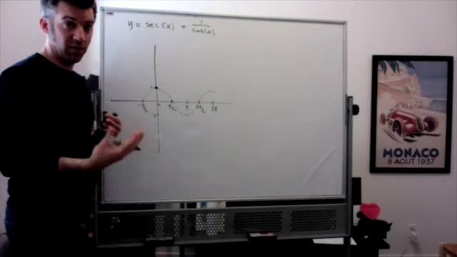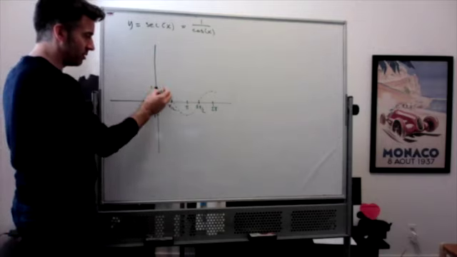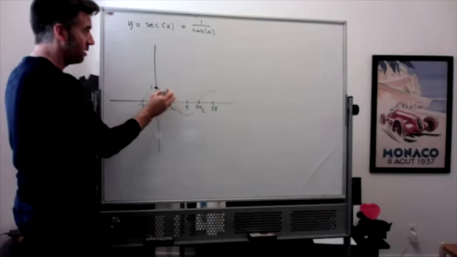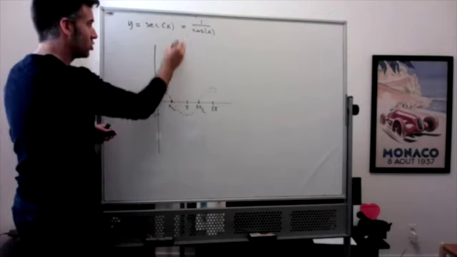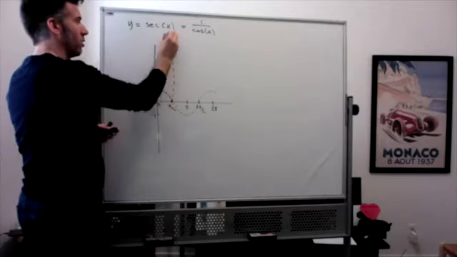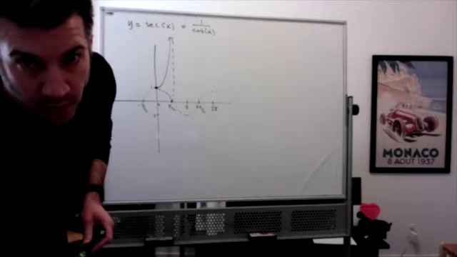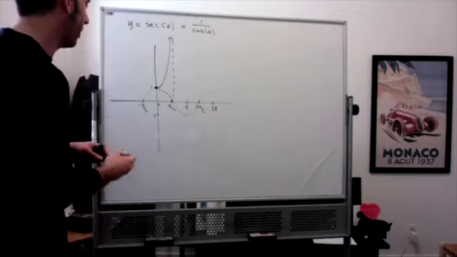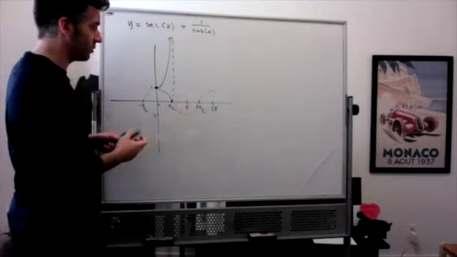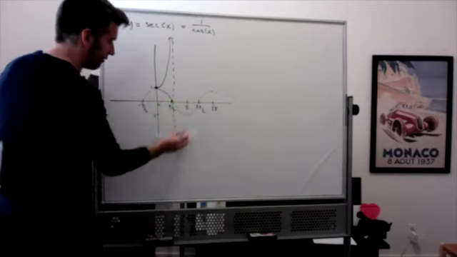As one of them gets small, the other one gets big, and vice versa. So as the cosine values get smaller and smaller, closer to 0, the secant values get super duper large. And so wherever cosine is equal to 0, secant is going to have a vertical asymptote.